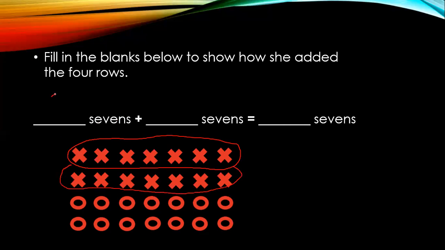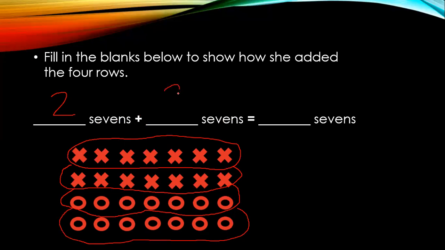So we have 2 7s plus how many more 7s did we get when she added the new cars? 2 more 7s. Represented with the circles. There was one group of 7 and another group of 7. So we have 2 7s plus 2 7s. How many total 7s do we have? Can we count? That's 1 7, 2 7s, 3 7s, 4 7s.